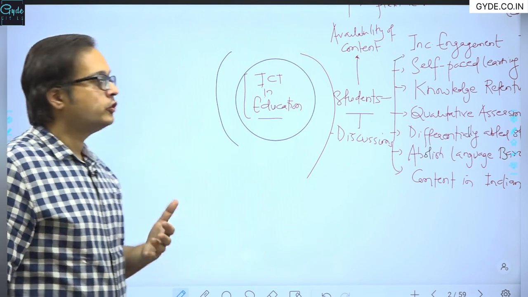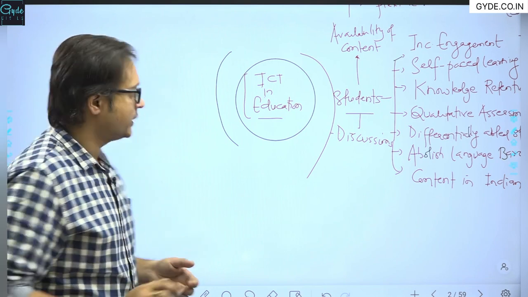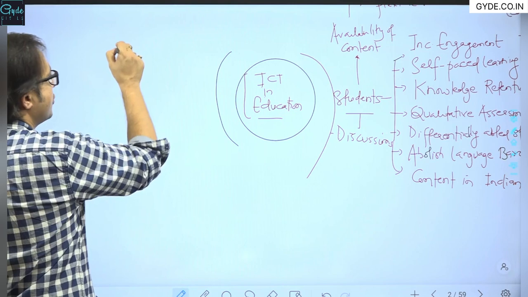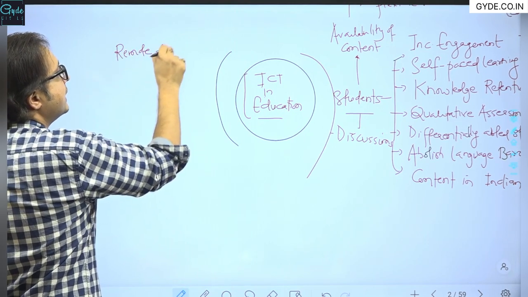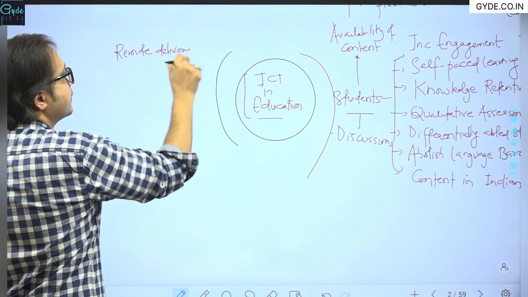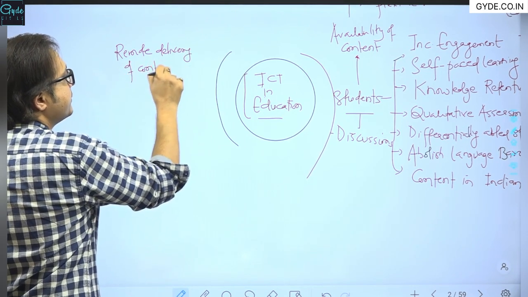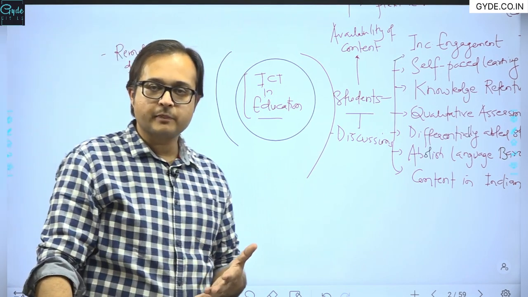So it can reduce the limitations of not having a particular infrastructure, right? So it can help in remote learning or remote delivery of content, right? So the infrastructural problems can be bypassed, right?